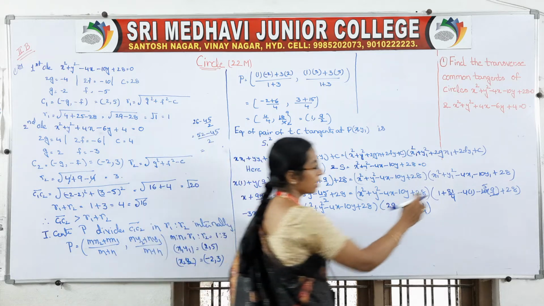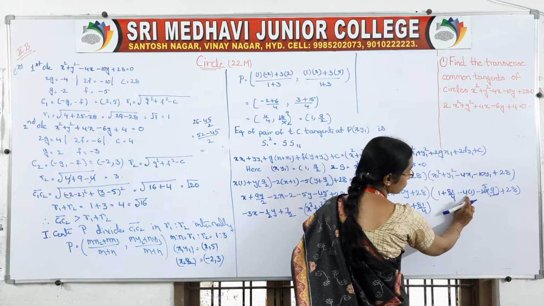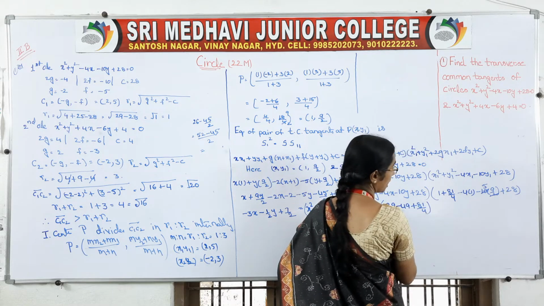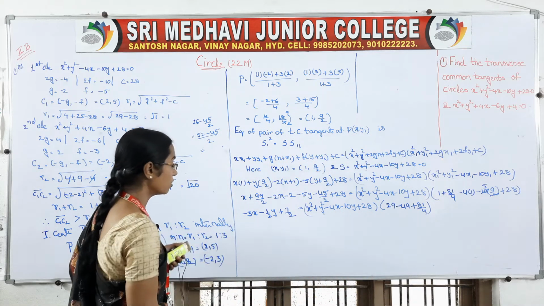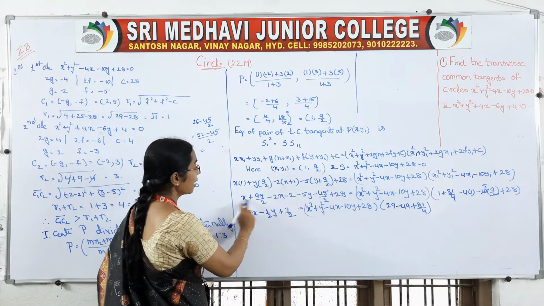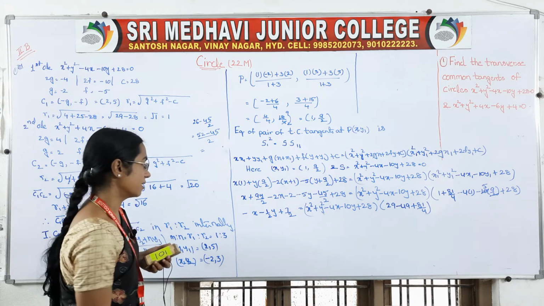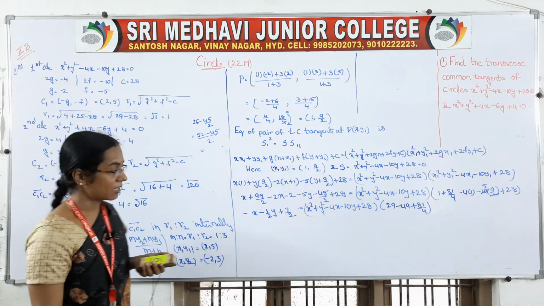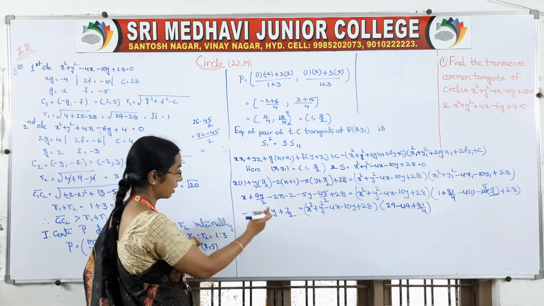Okay, see, 9 fives are 45, minus 45 is there, minus 4 is there, so minus 49, 1 plus 28 is 29, and 81 by 4. Now here also we have to take the LCM. Here x minus 2x is only minus x, isn't it? It is not minus x minus 2x, then we would get minus 3x. Be careful.